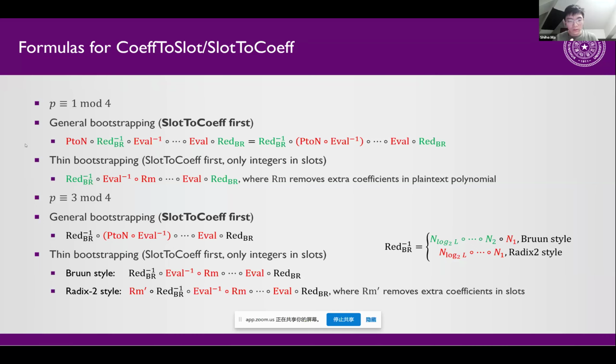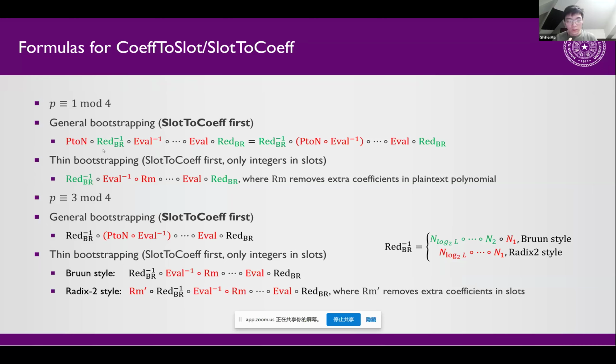And this is for further unpacking operations. But using the fact that the red inverse is more than E-linear, just as we mentioned, the P2N transformation actually commutes with this red inverse. So we can combine it with eval inverse to save a level and some computation.